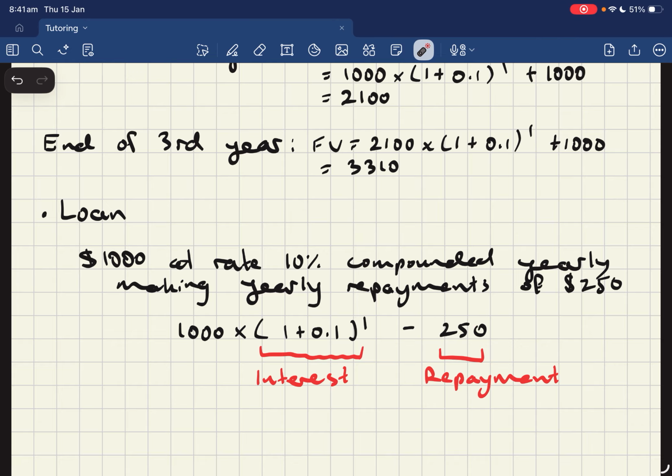So we charge interest on this, then we minus the repayment. So that means there's less we have to pay. But it's kind of a balancing act, right? Because we're getting charged interest, so that's increasing the value we have to pay, but then we make the repayment, which lowers it down a little bit. And then we keep going in this way until the loan is paid off.